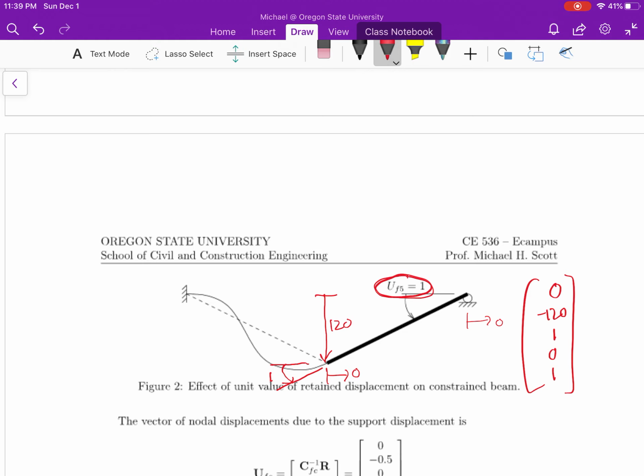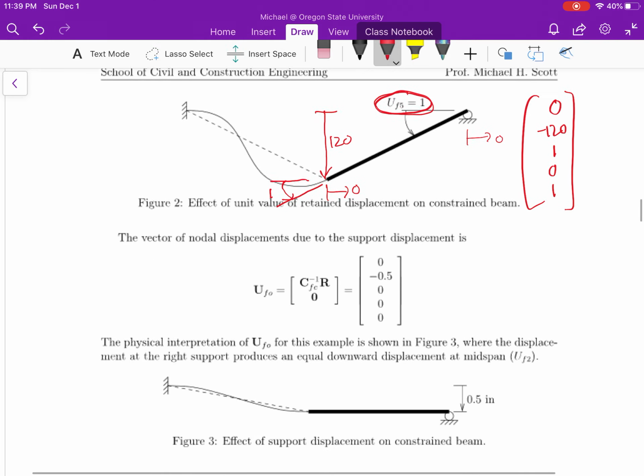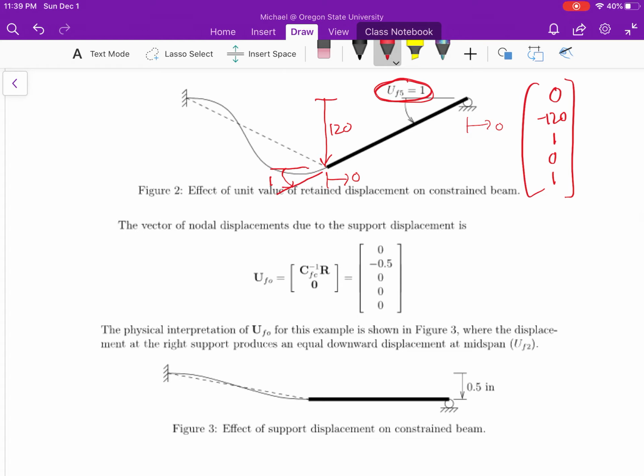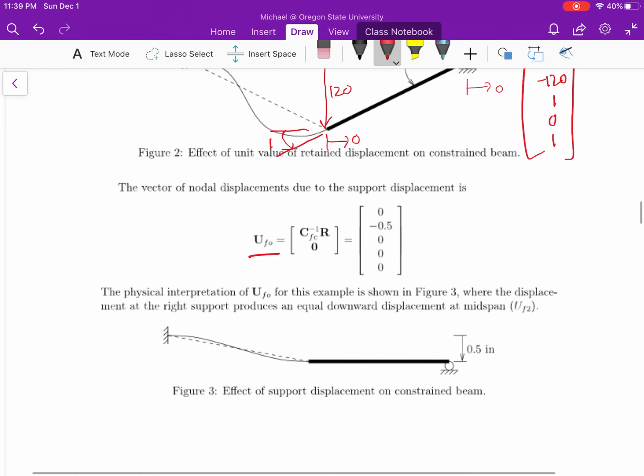Likewise, our vector of nodal displacements due to support displacement, this UF0, is 0, negative 0.5, 0, 0, 0. So that tells us what happens to the structure when we impose our support settlement of 1/2 inch to the constrained structure. This entire piece right here moves down as a rigid body. It does not rotate. And in doing so, it pulls this node down 1/2 inch.